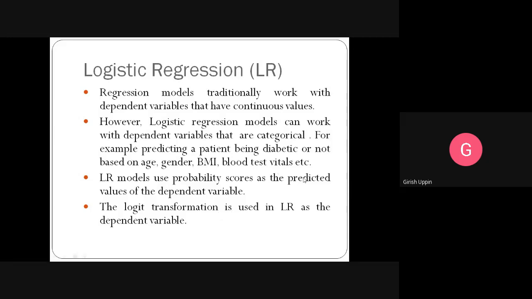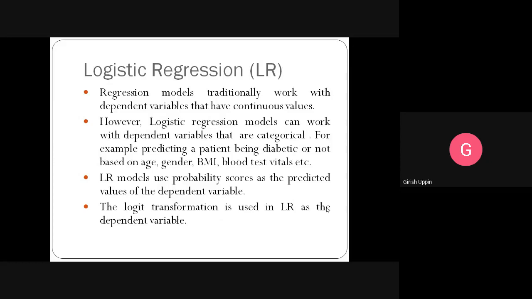Logistic regression models can work with dependent variables that are categorical, for example, predicting the patient being diabetic or not based on the age, gender, BMI, blood test, and various other values. So we can have the dependent variables as categorical also.